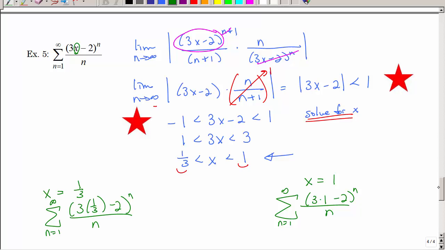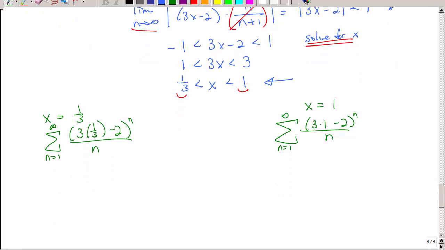Those are the two series we need to see. Do these converge or diverge? All right, so this is 1 minus 2, which is negative 1, so we have negative 1 to the nth power over n. This is 3 minus 2, so this is positive 1 to the nth power over n.